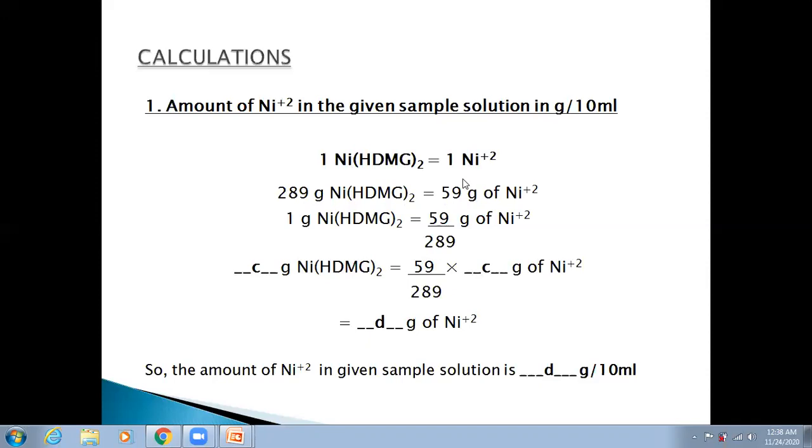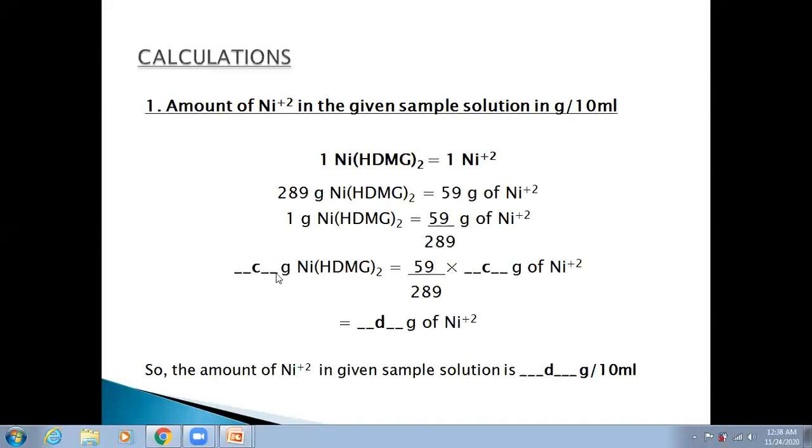So by using the definition of mole, now we have this relationship: 289 gram nickel DMG complex is equal to 59 gram of nickel. Then 1 gram of nickel DMG complex is equal to 59 divided by 289 gram of nickel.